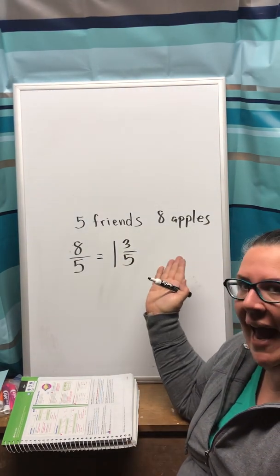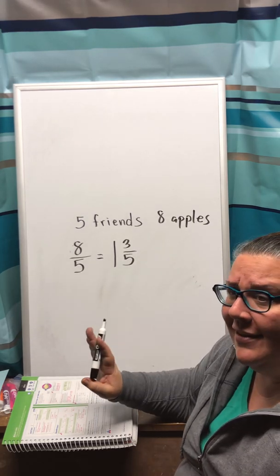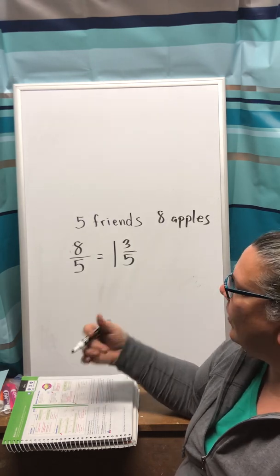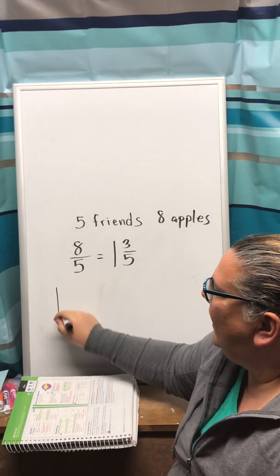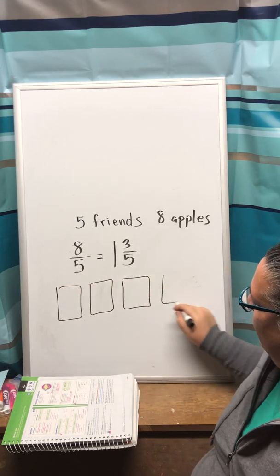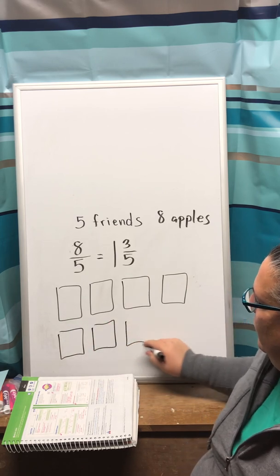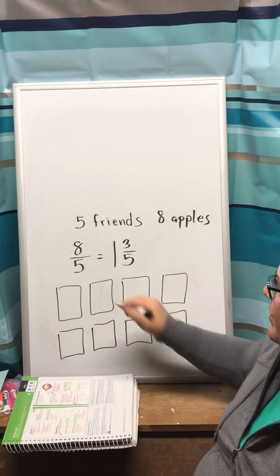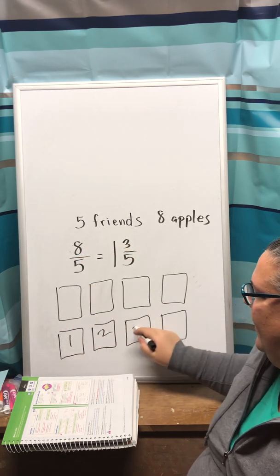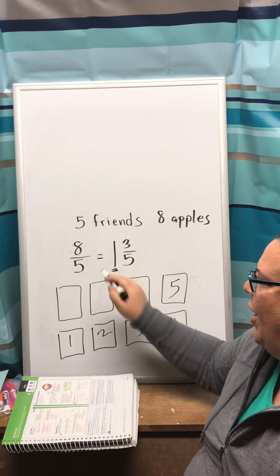If you want to draw out a picture for that, sometimes rectangles, I know apples are not rectangular, but sometimes rectangles are a little bit easier to work with. So if I know I have 8 apples, and I'm splitting them between the 5 friends, remember 1, 2, 3, 4, 5, everybody gets 1 whole.